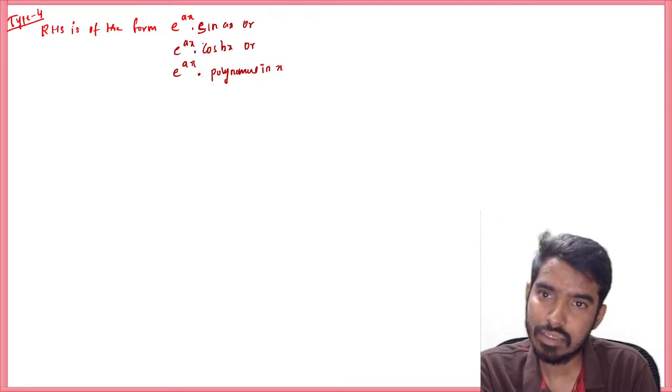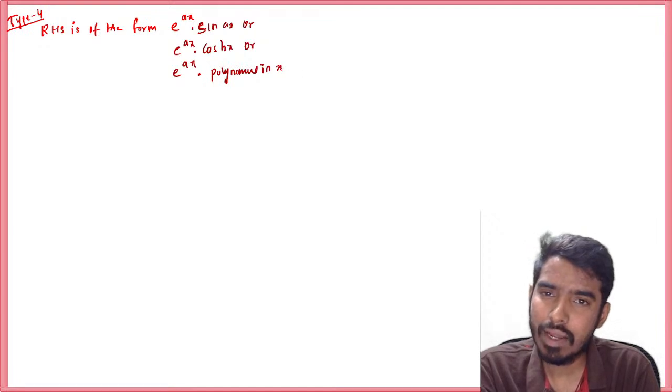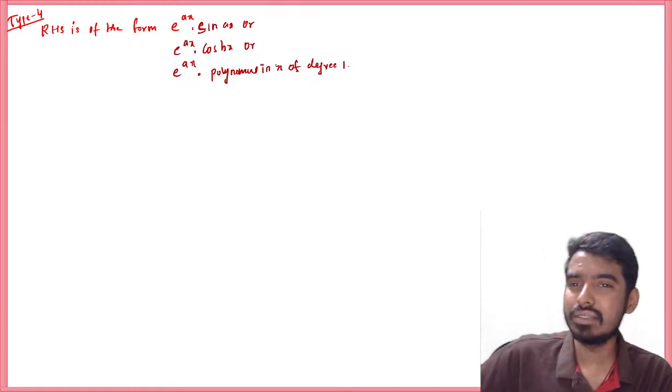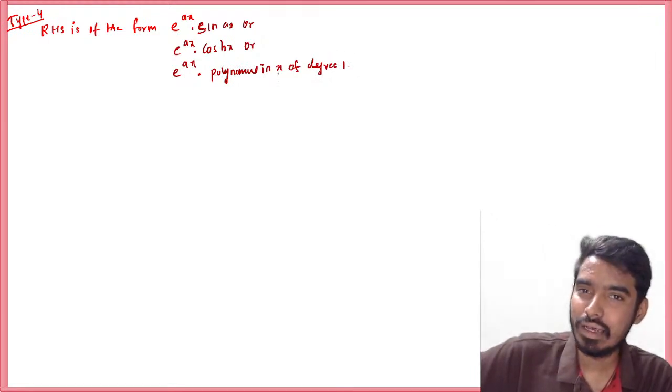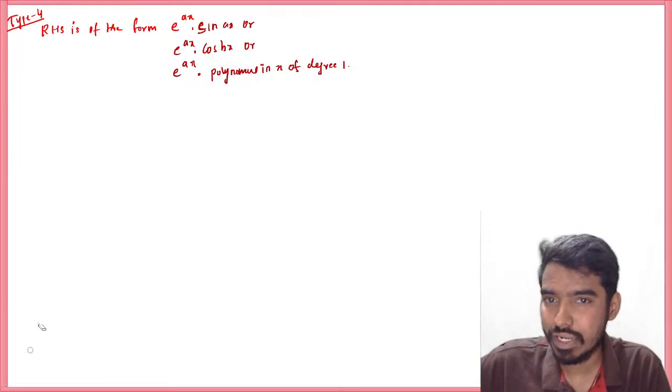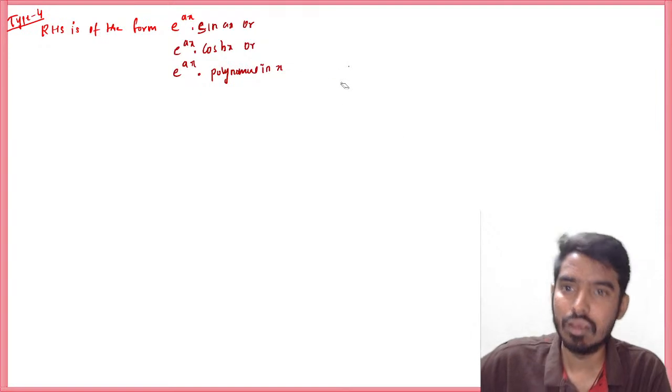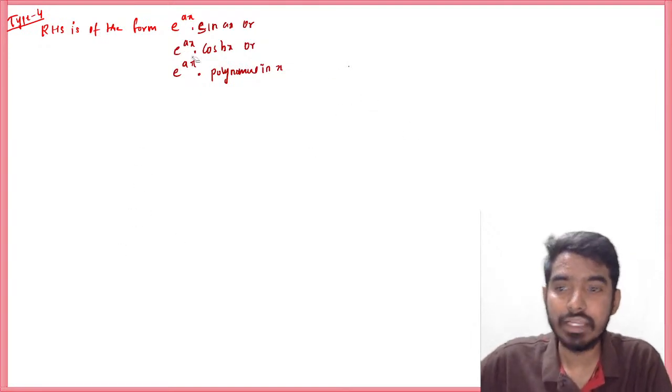Write it here, polynomial in x of degree 1. If degree 2, this method will also be okay. Polynomial in x, right?